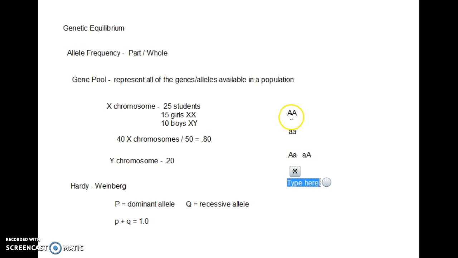The probability that two dominant alleles go together, just like in the probability of math, if two events happen at the same time, we multiply their probabilities. So this would be P squared. P squared represents the homozygous dominant individual. In a population, if you add them to the people that are heterozygous, they would represent the P and Q genotype.